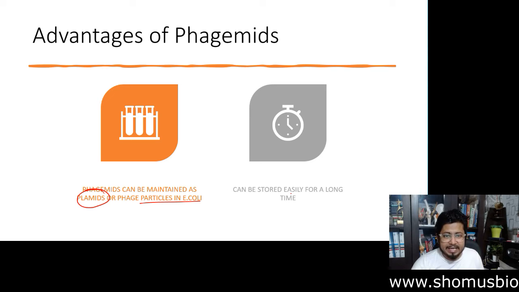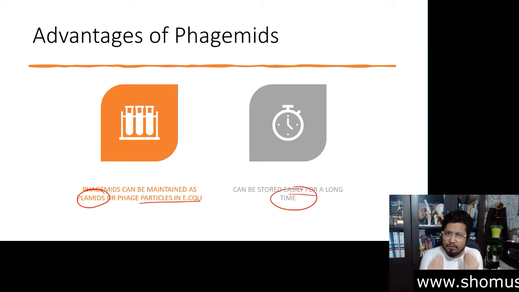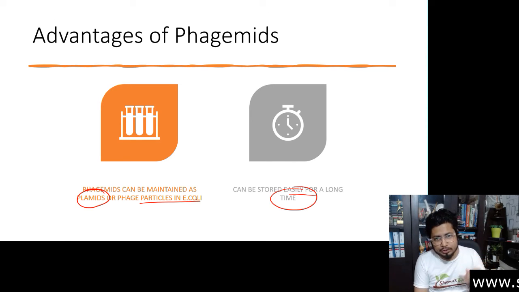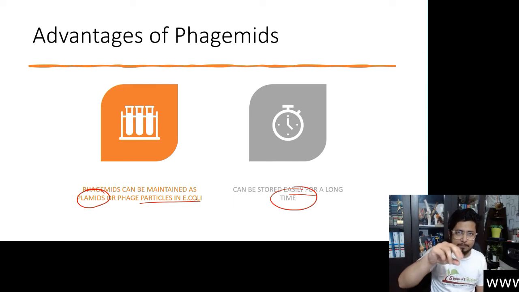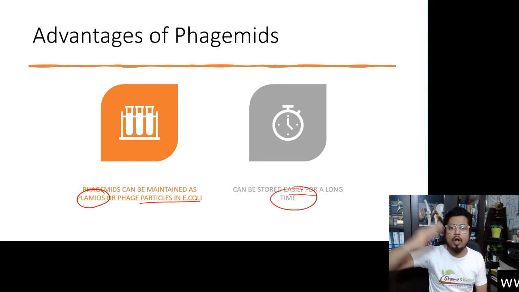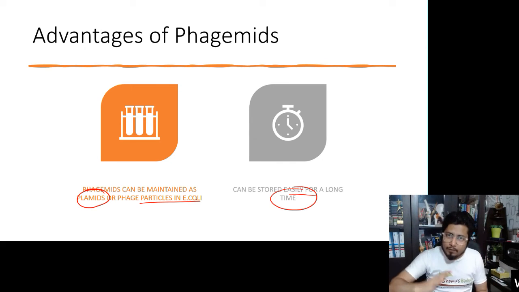And the second thing, it can be stored easily for a long time. That's another big thing, because we have talked about bacteriophages, they remain viable theoretically for eternity, and yeah, they remain viable for a long duration of time. The same thing applies to the Phagemids. They are also stable and can be stored for a long period of time.